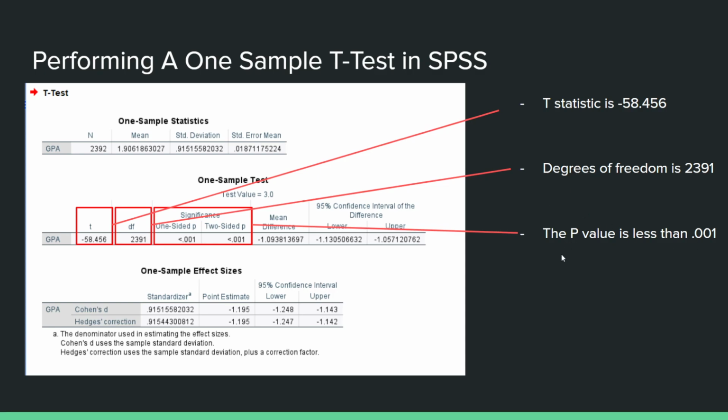The degrees of freedom is 2,391. So you can tell that we have a pretty big data set here. There's a ton of values. And in SPSS, once the p-value gets really tiny, it doesn't show any specific numbers. It just says it's less than 0.001, which we did have.